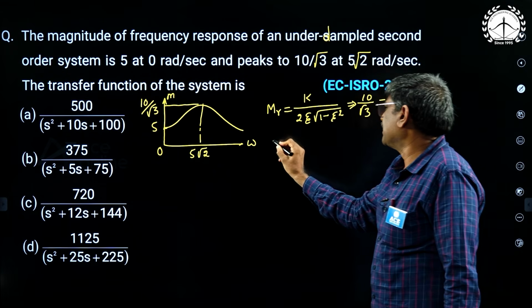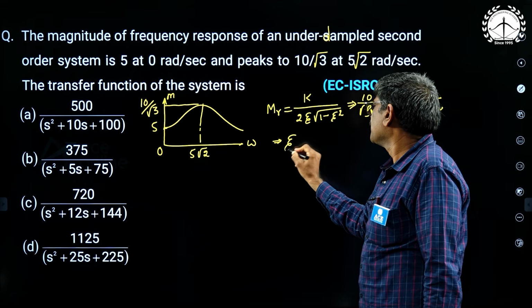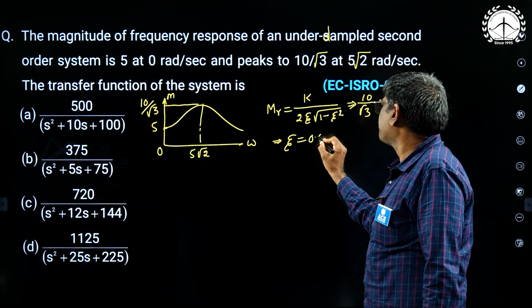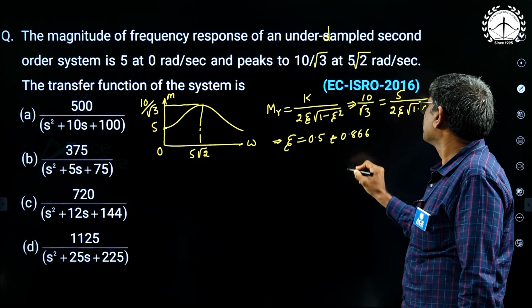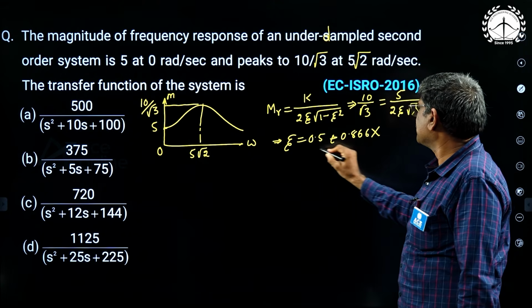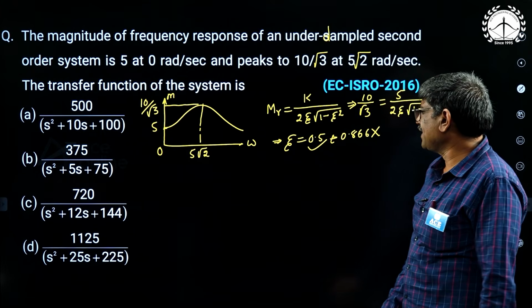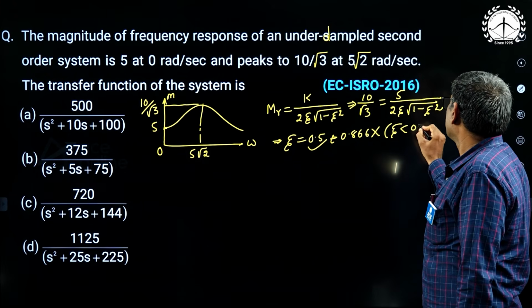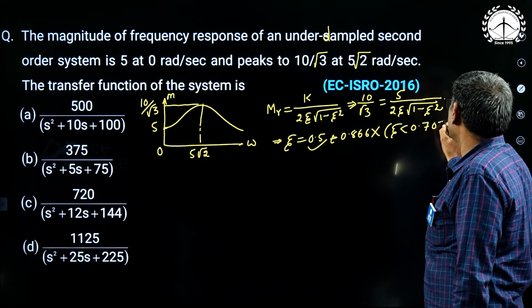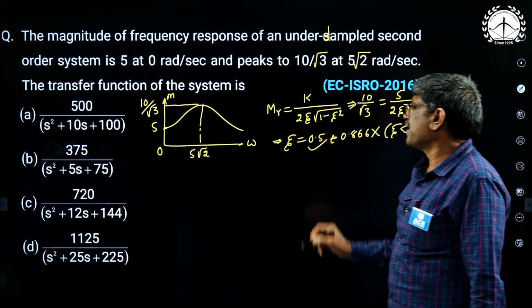Now solve for zeta. If you solve for zeta, you will get zeta is 0.5 and 0.866. So 0.866 is invalid, and 0.5 is valid, because for a resonant peak, the zeta must be less than 0.707. So that means 0.5 is valid.